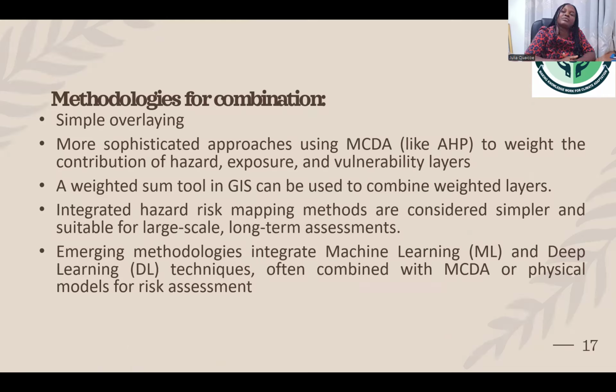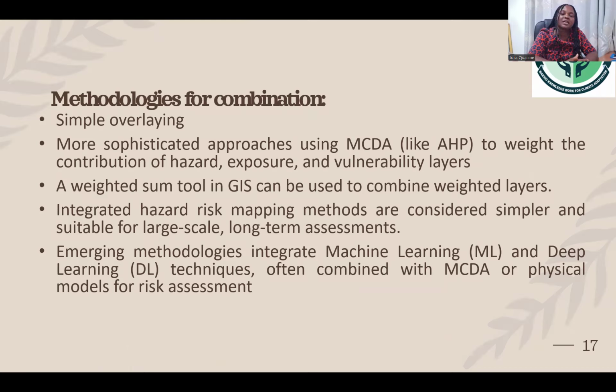particular area. And when we want to do the combination of these three elements, we can, like I have said, use the overlay approach in GIS, or use a multi-criteria decision method, like the AHP, to weigh the contribution of the hazard, exposure, and vulnerability layers, so that you can assign them the different weights which you will consider in making the map.